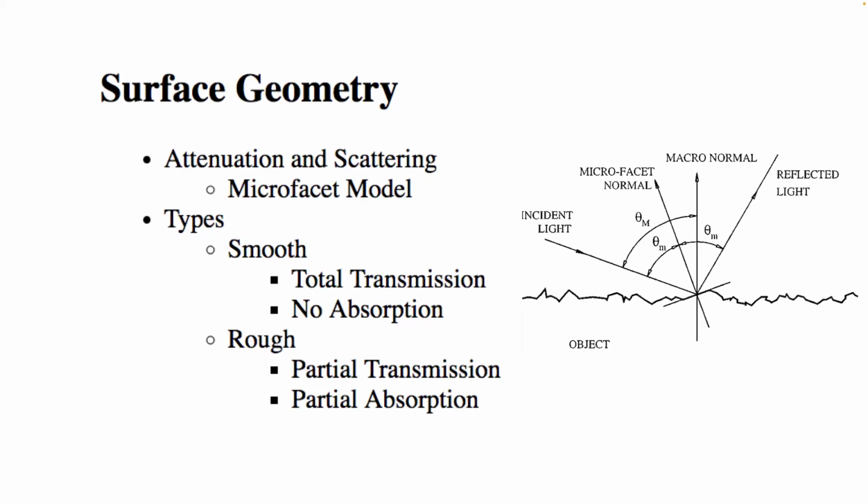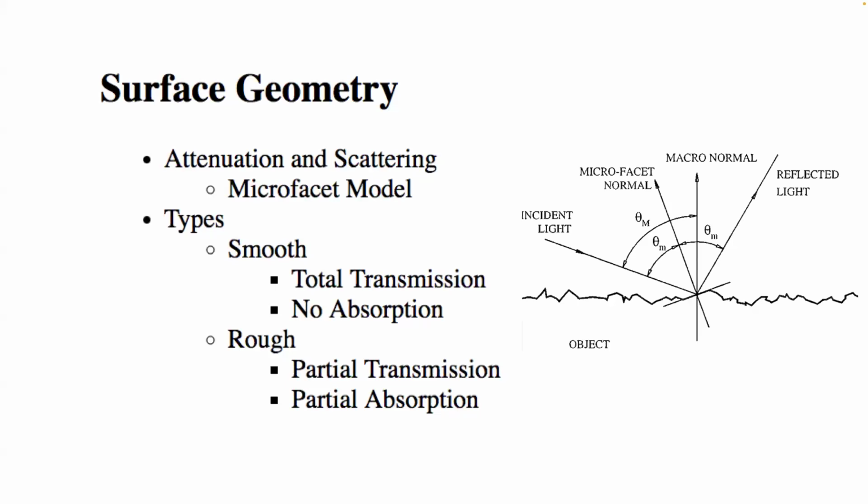When the surface is smooth, there is total transmission. That means the incoming light is reflected or transmitted, and there's no absorption by the medium, so there's little attenuation. But for rough surfaces, some of the energy is transmitted back, but there's an absorption.